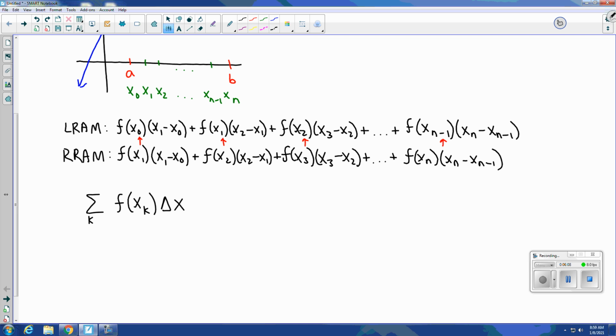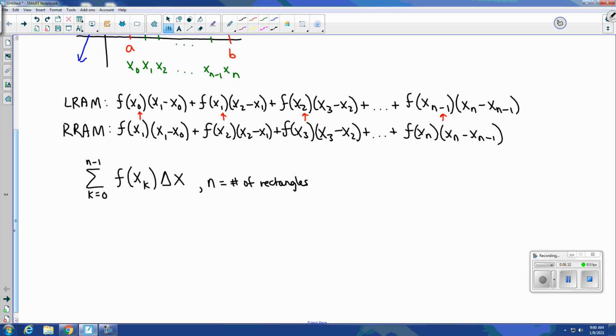And with an LRAM, we want to start at 0. And to go all the way to the very last one, we go up to n minus 1. And let's just make a note where n equals the number of subintervals or rectangles. So that's the summation notation for an LRAM.